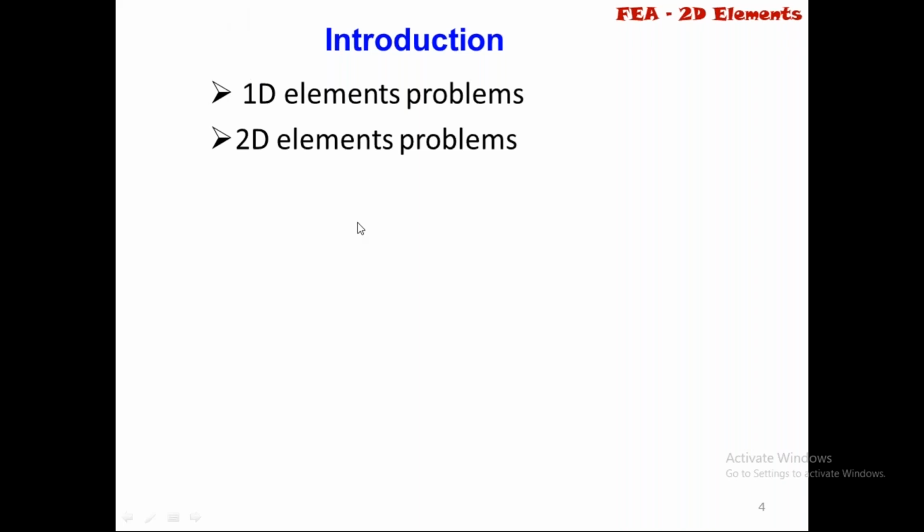For a single element, like in a bar, one element, two elements, three elements, a single bar can be discretized into a number of elements, maybe up to 3. In that case, you just solve a 3 by 3 or 4 by 4 matrix.